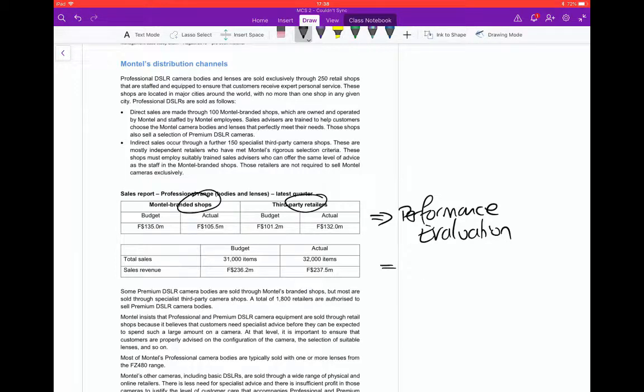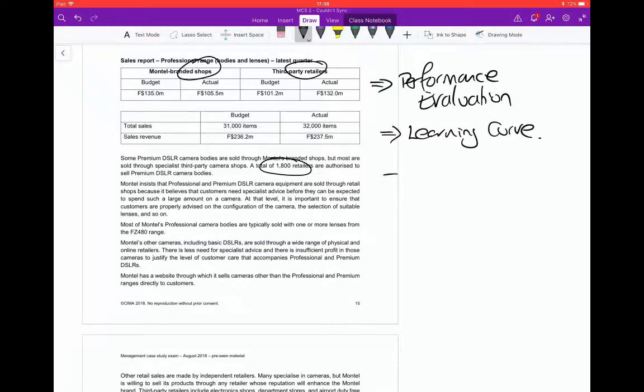The training of these shops and the third-party retailers could easily lend itself to a learning curve style question about every time you train these, because there are a lot of distribution bodies here. And if you keep training them, every time you do it, it's going to get quicker and quicker and quicker.